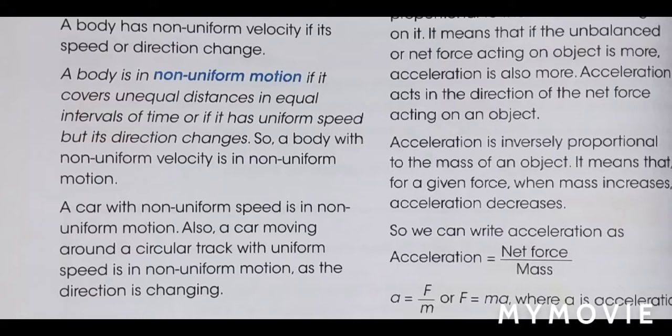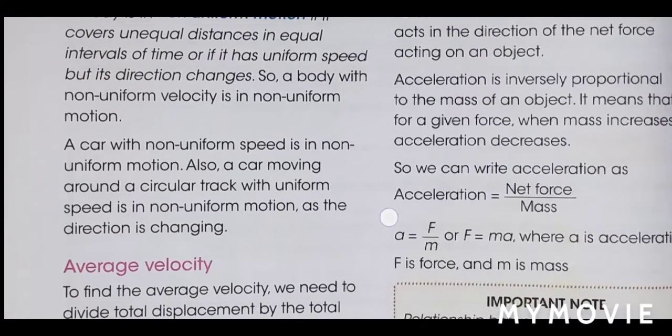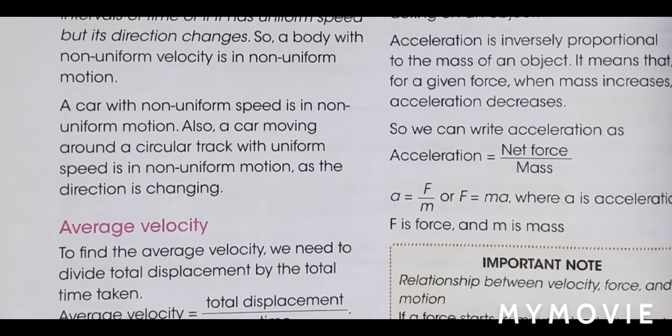Also, a car moving around a circular track with uniform speed is also having non-uniform motion as the direction is changing. That is, at every point the direction is changing.